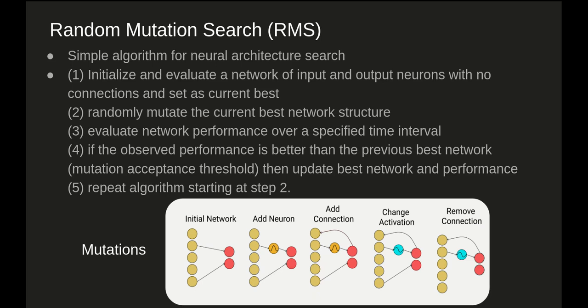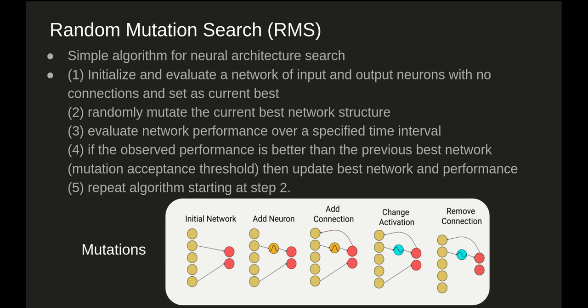Now, the idea proposed in this work is a simple algorithm for neural architecture search called random mutation search. Just as the name suggests, the algorithm works by accepting or rejecting random mutations based on experience. The algorithm starts out with just input and output neurons with no connections between them. The network is then randomly mutated using one of the four mutations at the bottom.